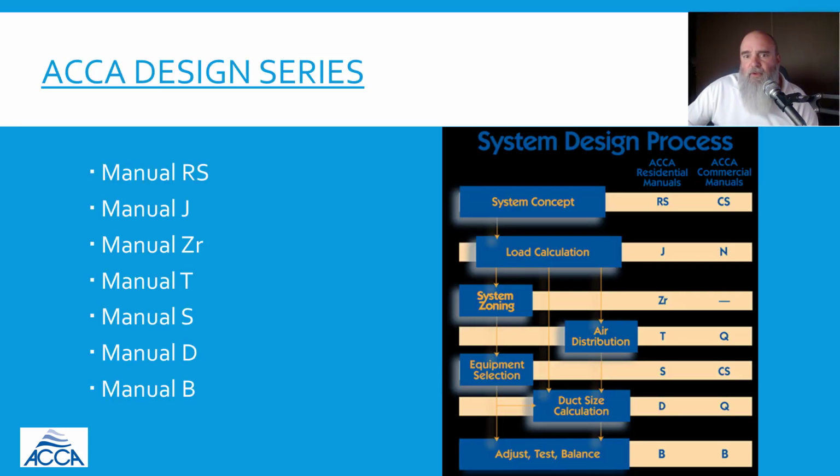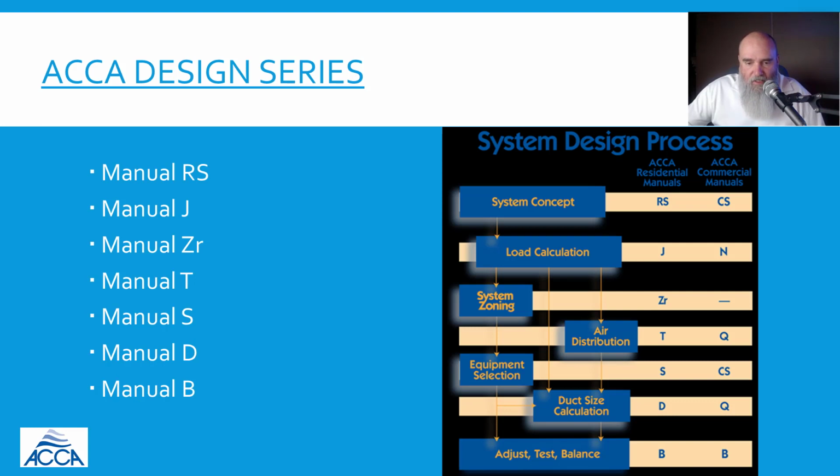If you're not familiar with the design series from ACCA, the Air Conditioning Contractors of America, there are a plethora of books on the topic. Today's explanation is really just trying to hit on the ones that we're concerned about with reference to residential design.